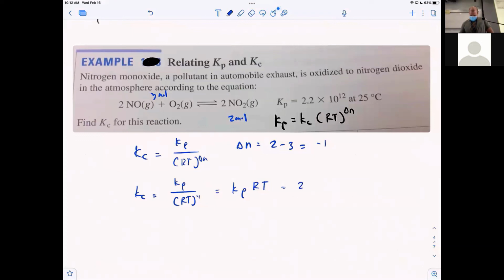Kp is 2.2 times 10 to the, wait a second, what is this? Yeah, okay, that's right, 10 to the 12th, because that's given. Then R, 0.08206 liter atmosphere per mole Kelvin. Oh shoot, I'm running out of space.